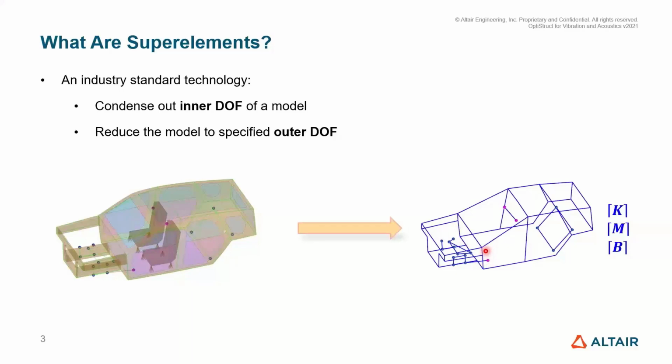The interface nodes can be nodes used to connect with suspension, can be acoustic response, can be vibration response points, and the matrix can be stiffness, damping, mass, and loading.